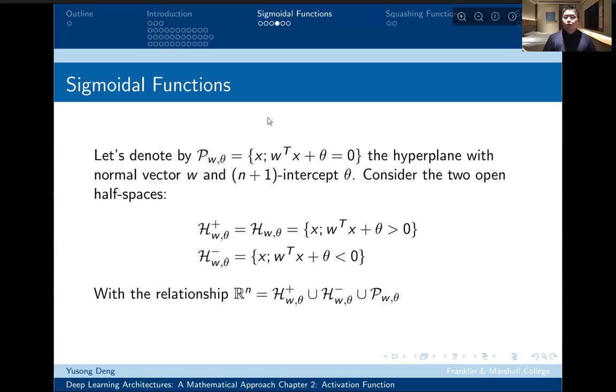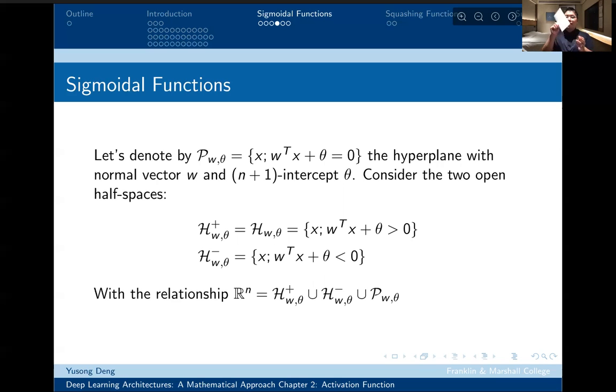This plane does not have to be in three-dimensional space, and you can consider two open half spaces: one on one side of the plane, and the other on the other side. As you can see by their expression, it's just like there is a plane in three-dimensional space.